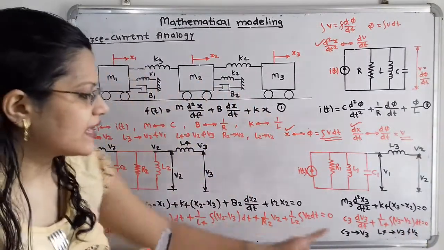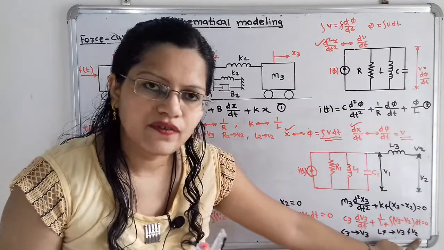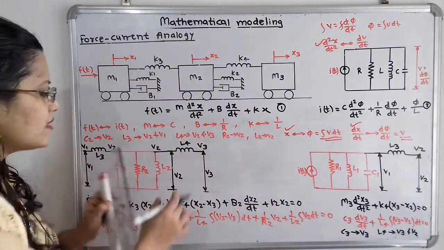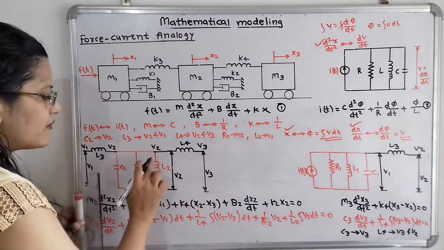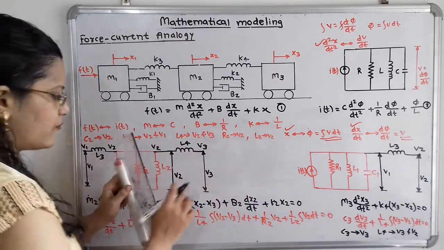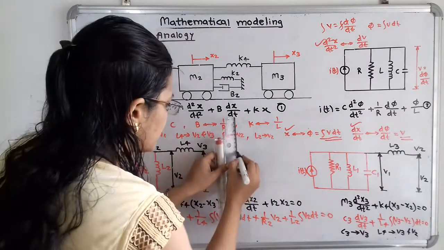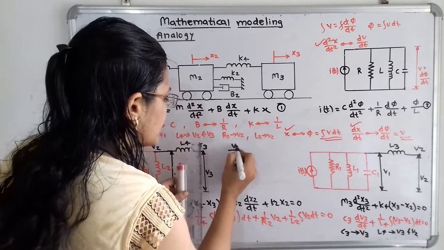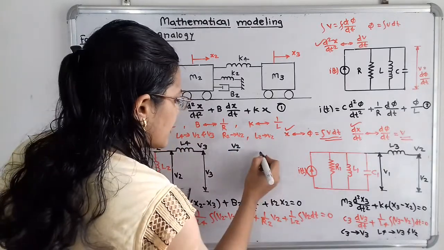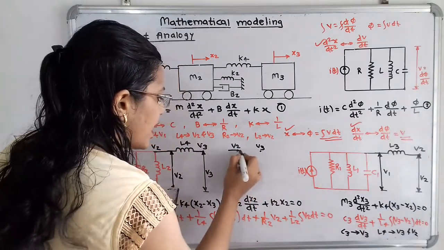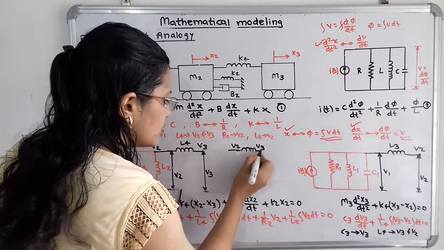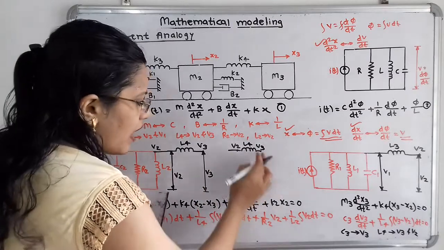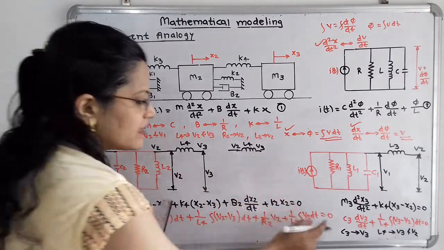So L4 is in between voltage V2 and V3. I have to show that. Suppose at this point the voltage V2 is there. In between voltage V2 and V3, I have to connect L4. So here is L4, and after that there is C3.